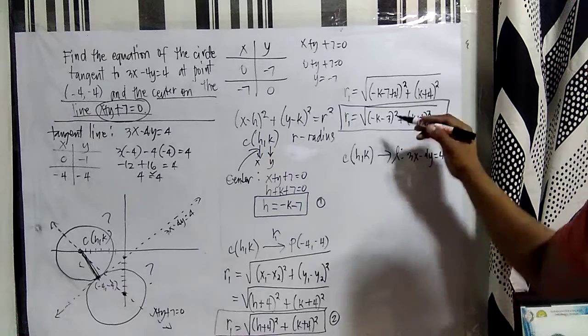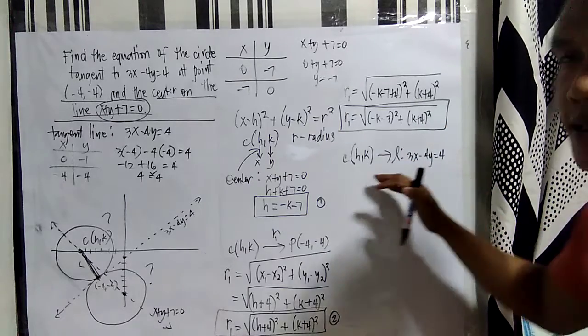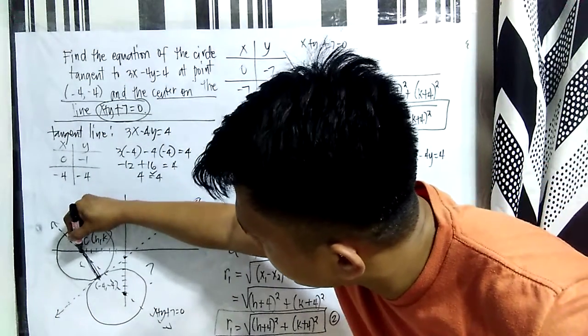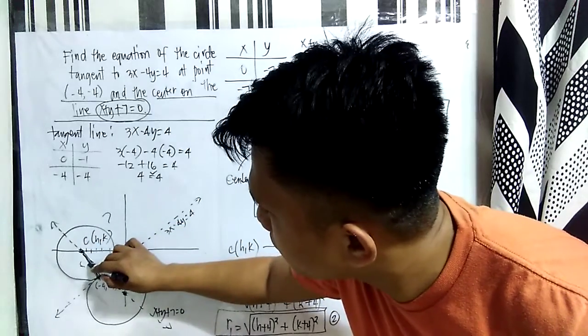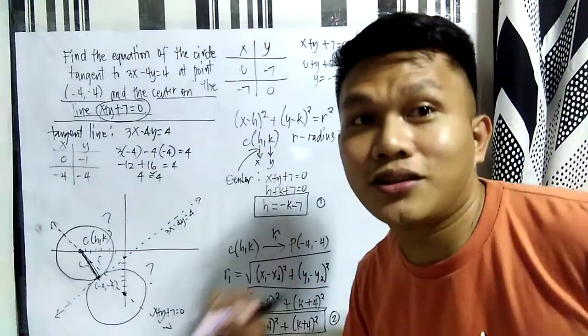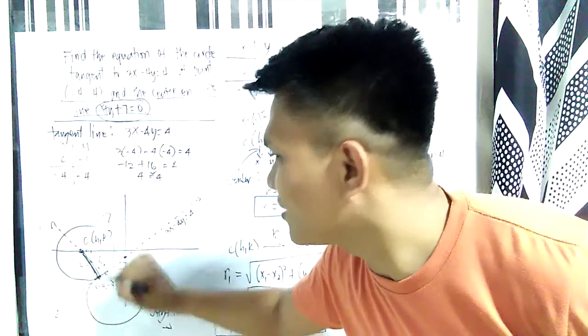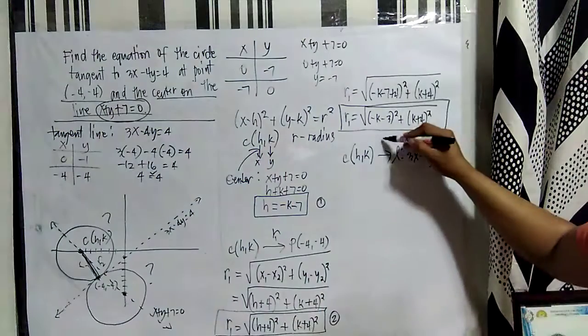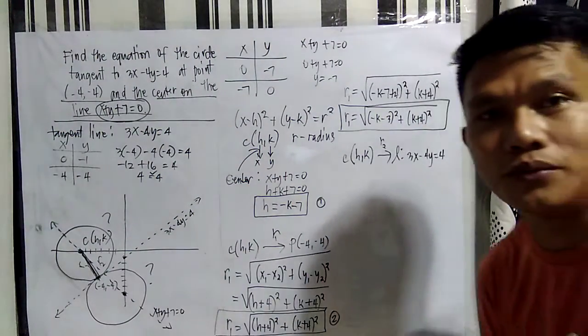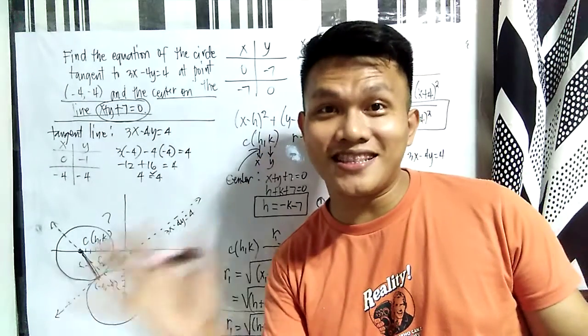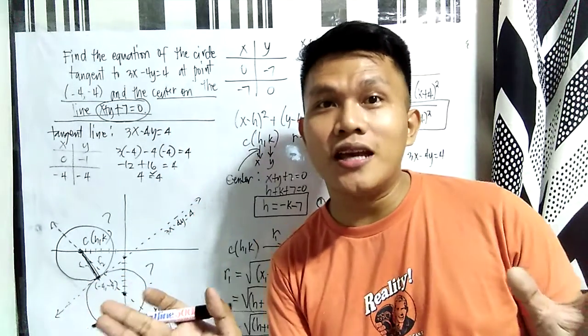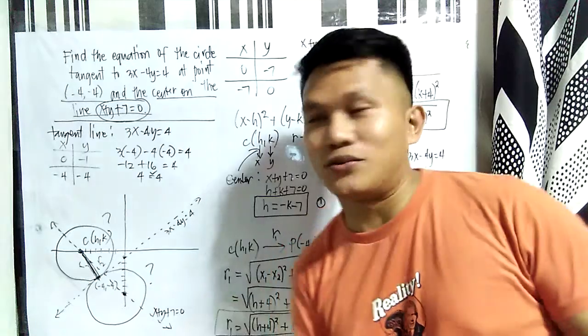So ano yung gagamitin natin? Kapag kinuha natin ang distance nito, simula dito hanggang kay tangent line, that will be also a radius. At yun ang tatawagin nating second radius. Okay, so ito ngayon yung ating R2. When you get the distance between the tangent line and the center HK, that will be our second radius.